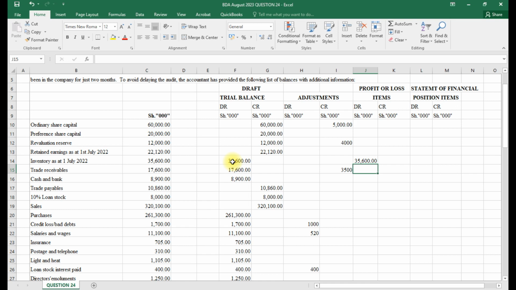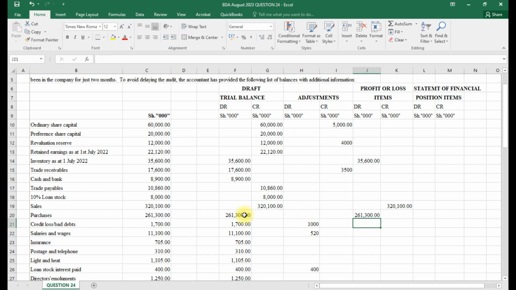Then we come to sales, no adjustment for sales. Then purchases on the debit, no adjustment. We have the credit loss budgets. So budgets, we shall have this, and we add this value. That's the total budgets that we shall have.